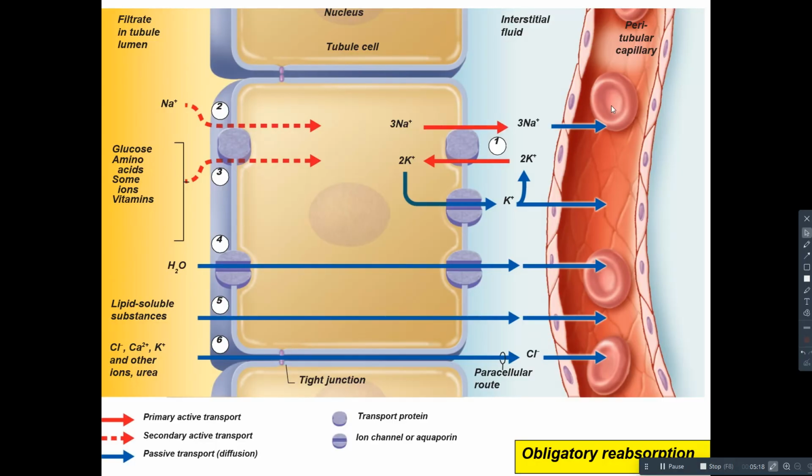Here's our blood over here. If we're doing reabsorption, which we have to do in our PCT, it's called obligatory reabsorption. And I want to focus in on sodium here, because notice that sodium is moving into the tubule cell and then through the tubule cell eventually into the interstitial fluid and into the blood.